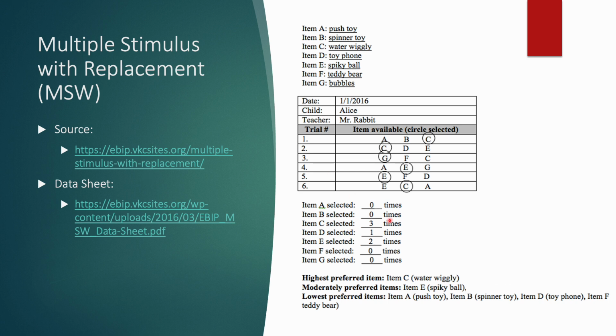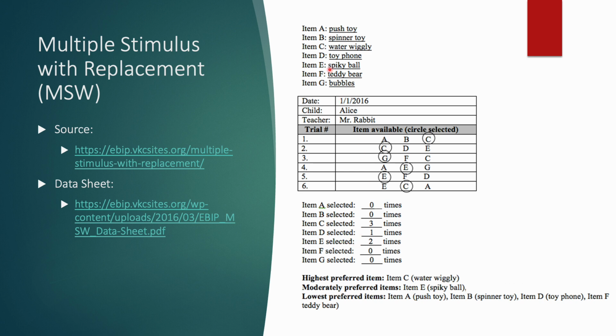You basically reach the end. And then once you've reached the end, you're just going to count how many times each item was selected. Based off of how many times each item was selected is how you'll establish your ranking for most preferred items, least preferred items, and moderately preferred items. In this short example, the water wiggly was selected 3 times, so that would be the highly preferred item.